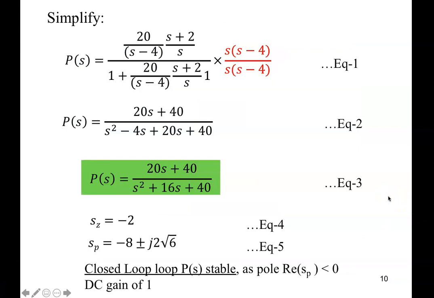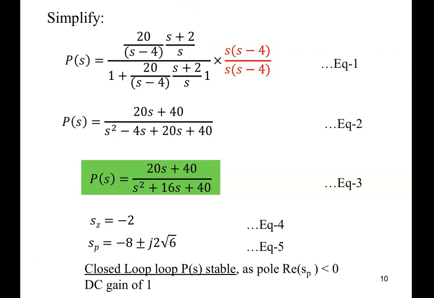If you examine this, you will find the only things I have to get rid of are the s and the s minus 4 in the denominators. So I'm going to multiply s times s minus 4 to the top, and also multiply s and s minus 4 to the bottom. This is the same term over the same term, so that's a 1. Effectively, I have not changed anything.